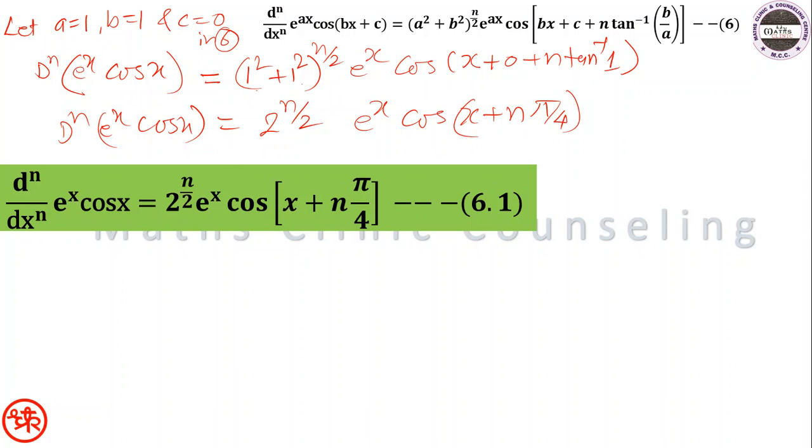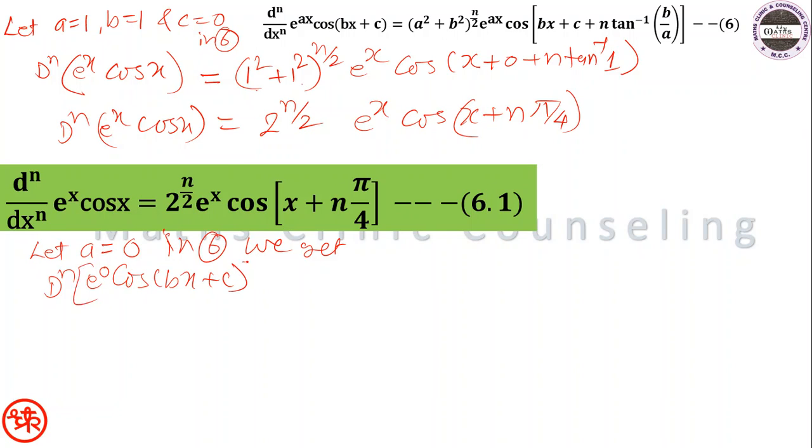Okay. Now let a is equal to 0 in 6. We get, क्या मिलेगा आपको, dn of e to the power 0 cos bx plus c, right? It is equal to 0 plus b square raised to the power n by 2.